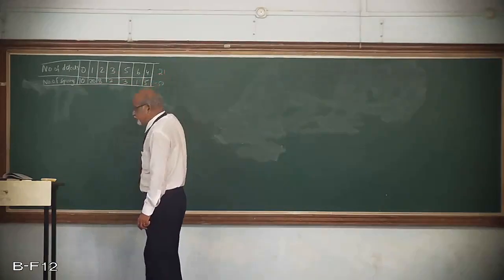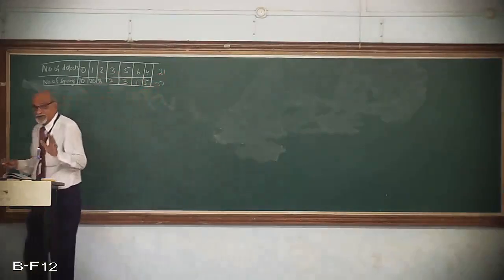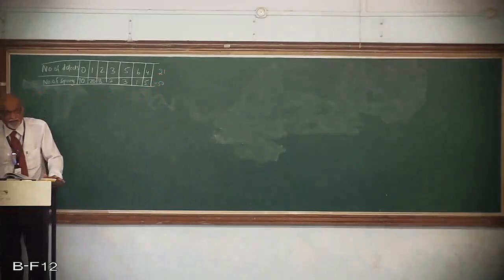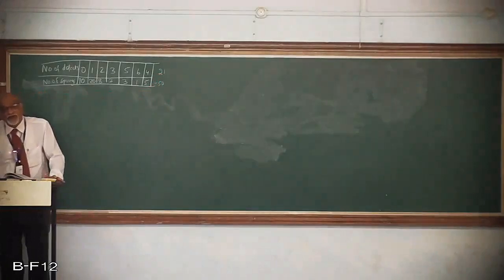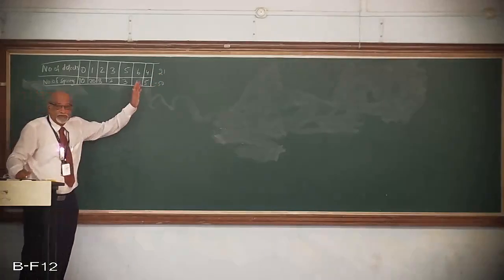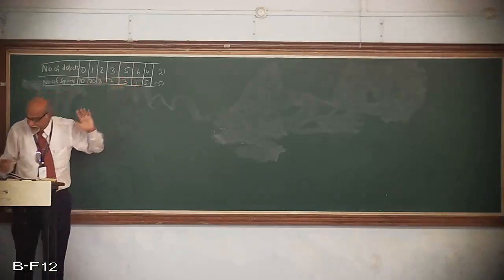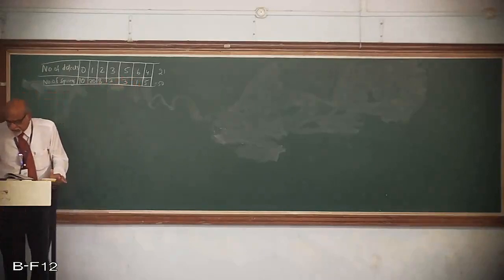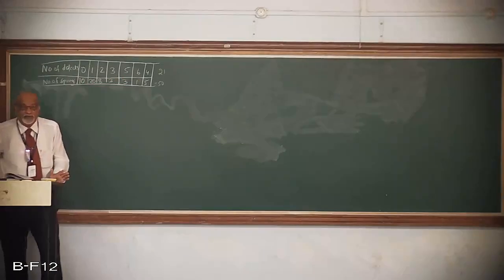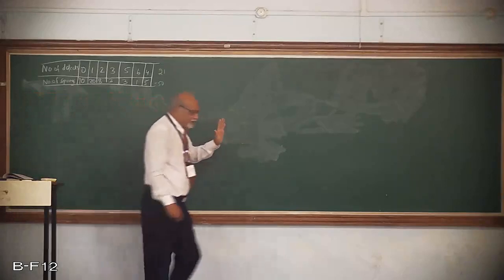So out of 50 springs inspected, 21 defects were found. Defects, not defectives. He says, use this data to set up an appropriate control chart. We have to set up the appropriate control chart.